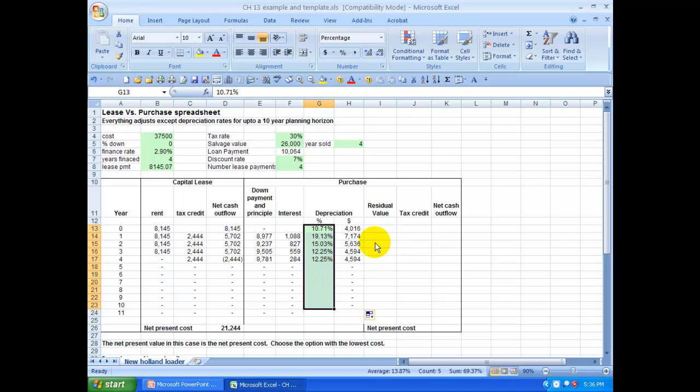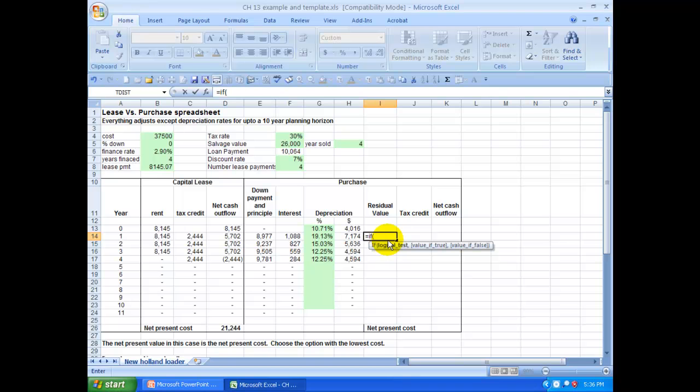The other thing we have is our residual value, this $26,000, and we want it to be here in year 4. And so the way that we do that is we put an if statement around that too. And so we say if, in this case, the year that we are is equal to the year that it's sold, then put in the salvage value, else 0.